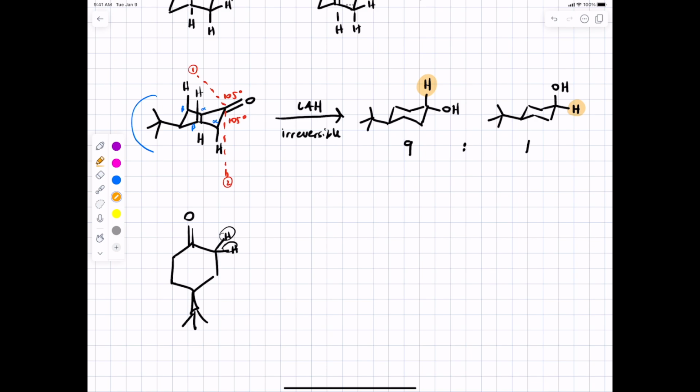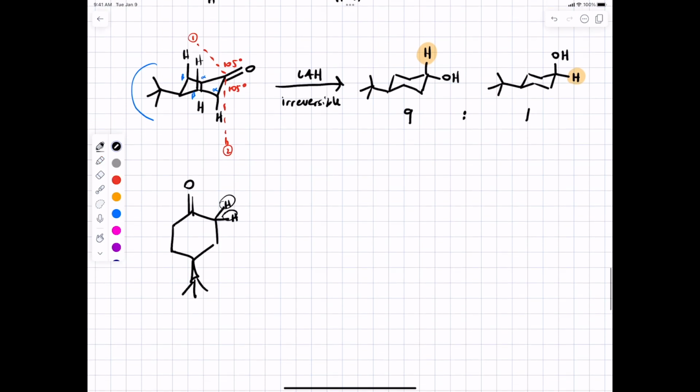So let's deal with why we see that addition of the proton on the top face is more favorable. Couple of different considerations, sterics and electronics, naturally. So let's look at the transition state for addition of a hydride equivalent from the top face.